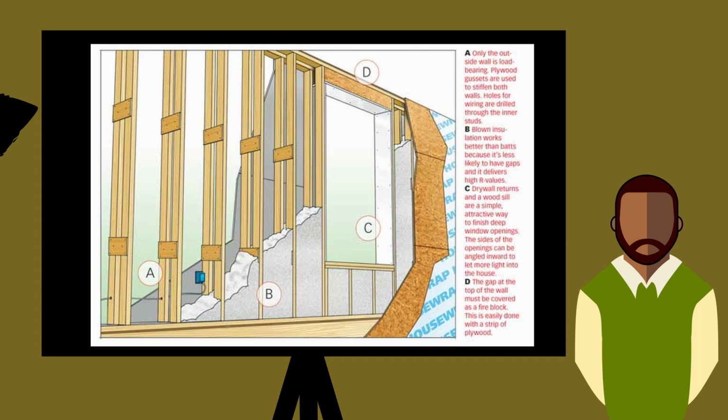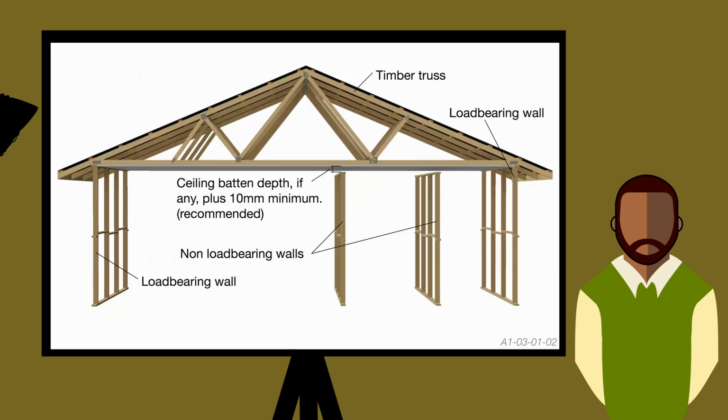Now, I'm talking about exterior and non-load bearing walls, right? But interior non-load bearing walls are going to be different, right? So designating between load bearing and non-load bearing is usually a big deal.